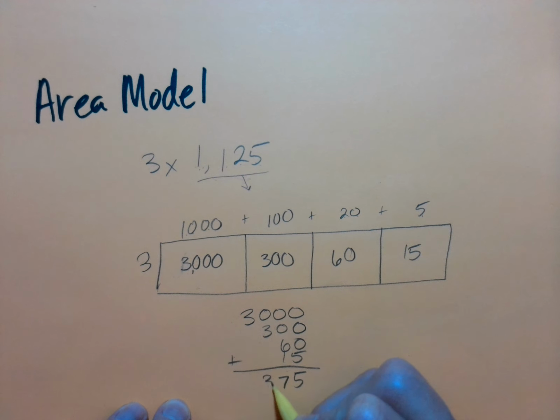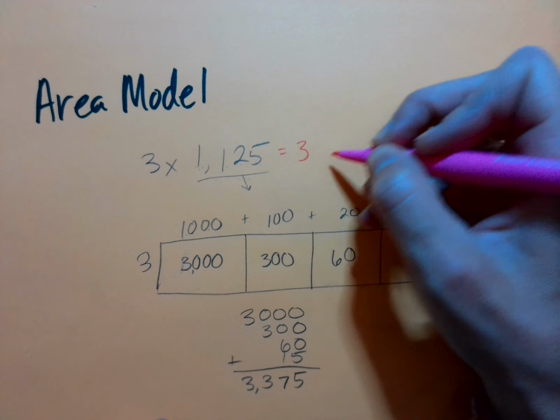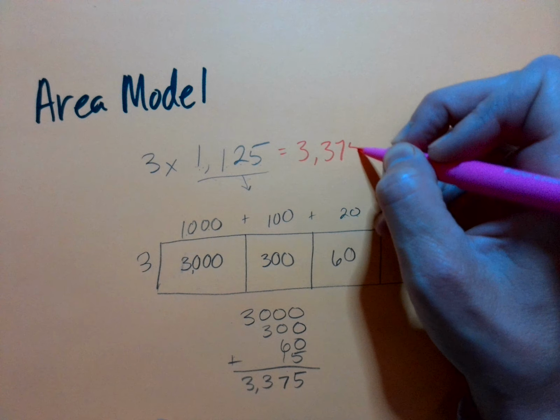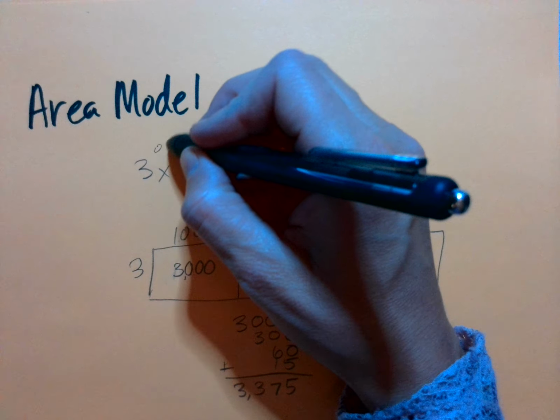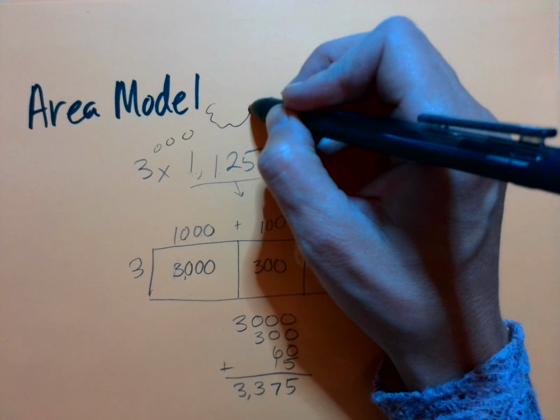So when I add them all together, I get a final product of 3,375, right? I know this is a reasonable answer. This is a logical answer, because if I think in my head that, okay, this is a 3.